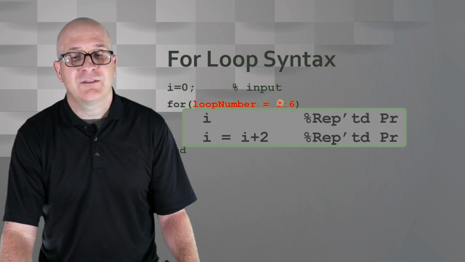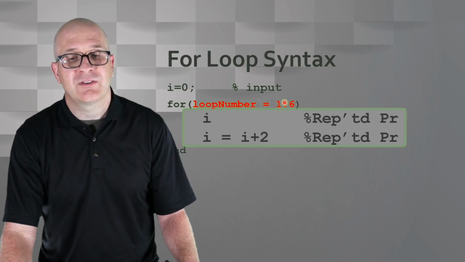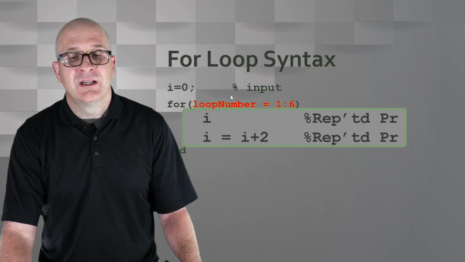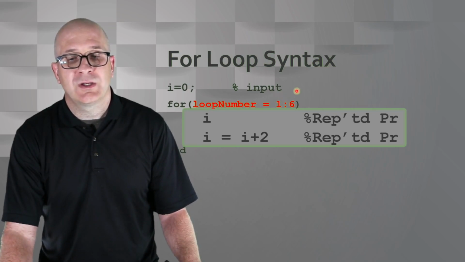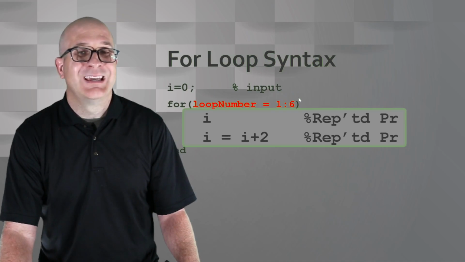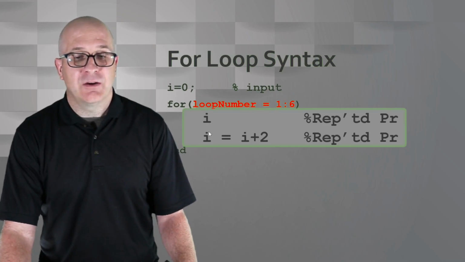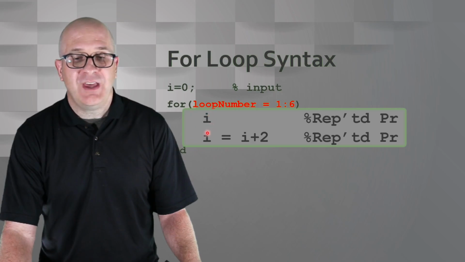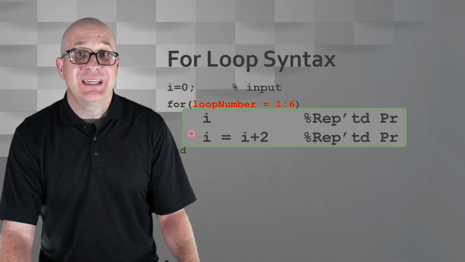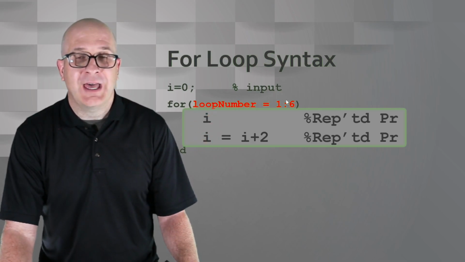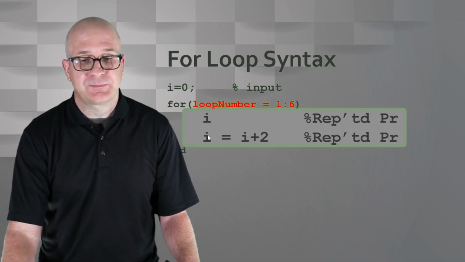It's really interesting to see that this is actually a vector. And this vector has values 1, 2, 3, 4, 5, 6. So the for loop here is going to march over the 1, 2, 3, 4, 5, 6 values in the vector and perform these steps inside of the for loop each time it goes through that element of the vector.